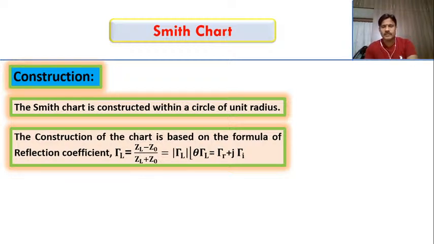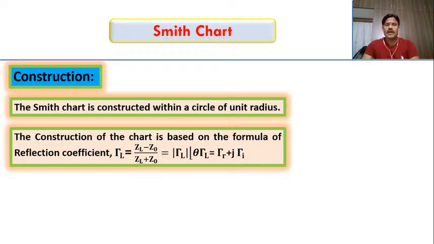So the conversion from rectangular form to polar form or polar form to rectangular form will make the problem complex. In order to avoid that complexity, Smith constructed and developed this chart called the Smith chart, right. Whatever the formula you have for gamma L, that gamma L is expressed in terms of its magnitude, modulus of gamma L, and its angle theta of gamma L, or very simply we can express it as the real part and the imaginary part.